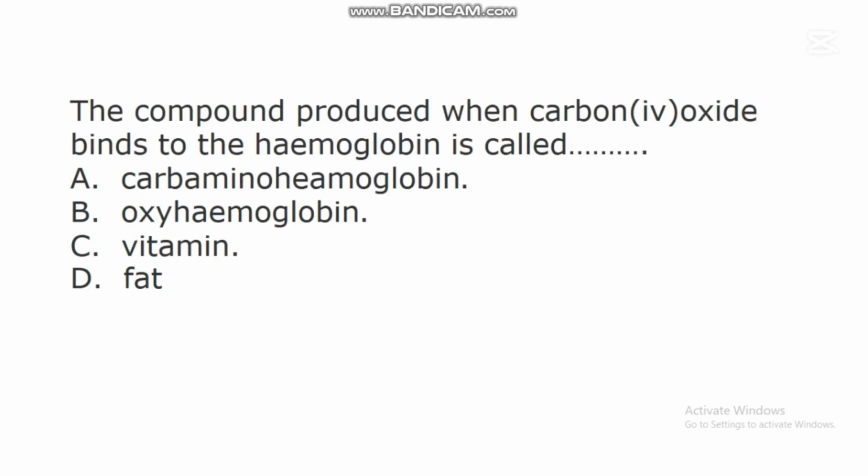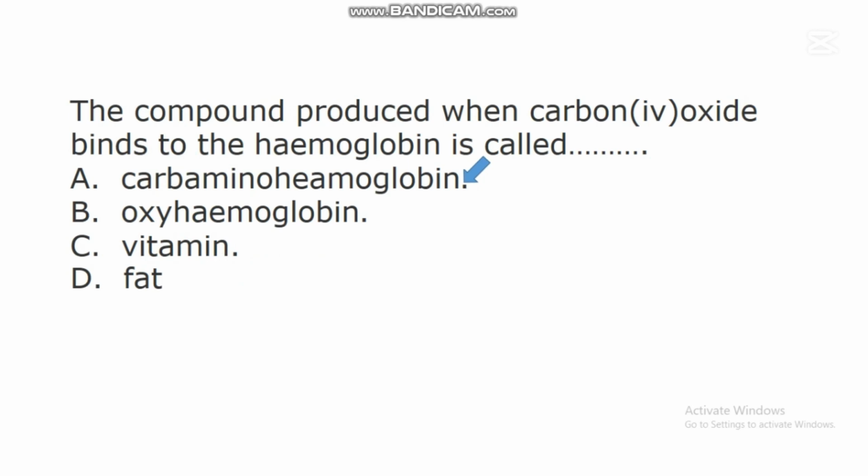The next question says, the compound produced when carbon 4 oxide binds to the hemoglobin is called dash. A. Carbaminohemoglobin. B. Oxyhemoglobin. C. Vitamin. D. Fats. In this question, the correct answer is A. Carbaminohemoglobin.